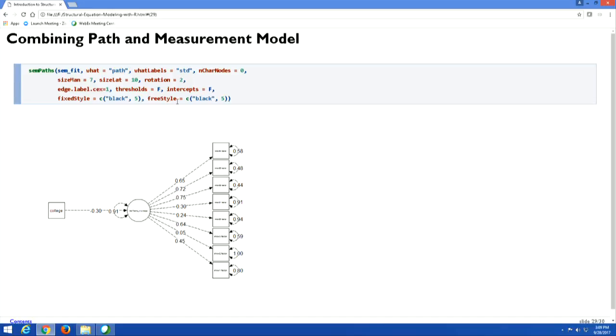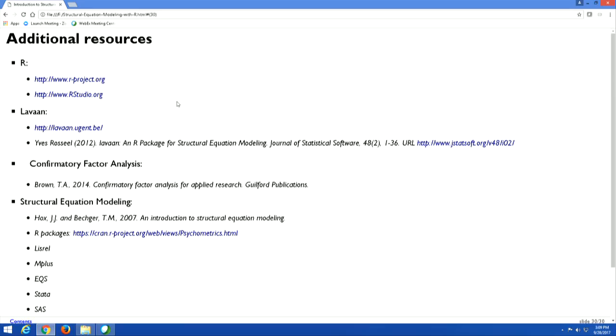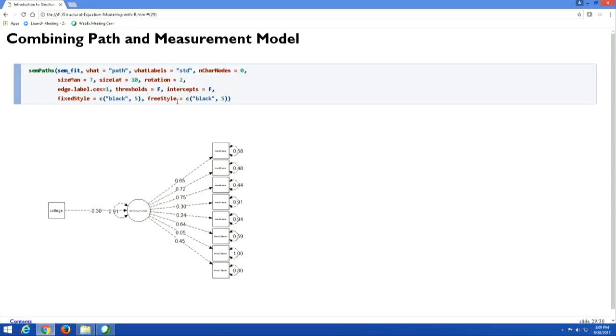And over here, you have the regression output between college and knowledge, which is -0.3, and with a residual variance of 0.91 for, let me go back one step, for somebody's knowledge level. So do you have any questions about what I asked?